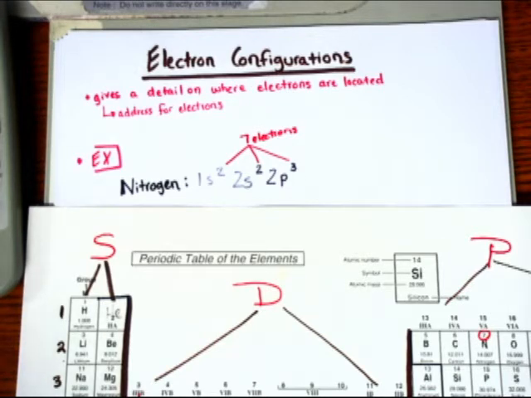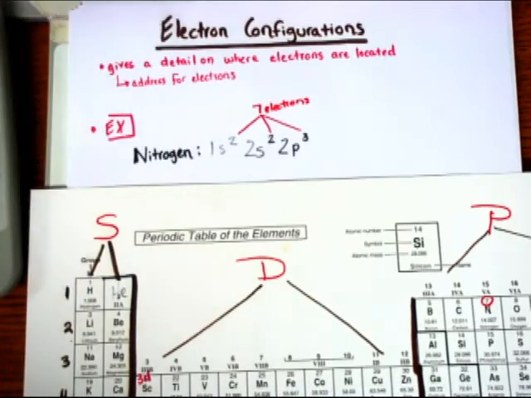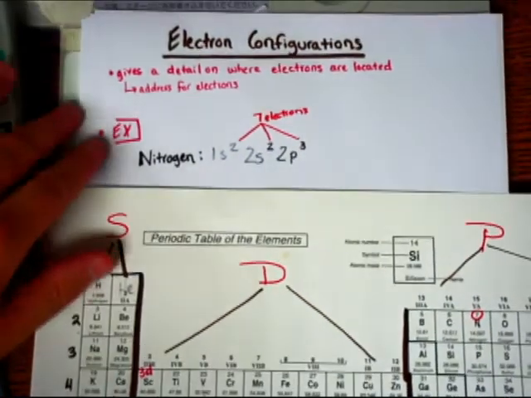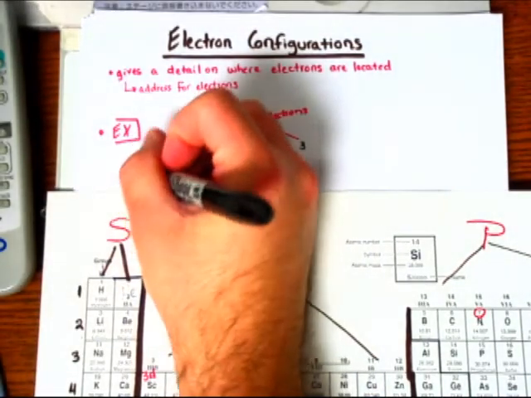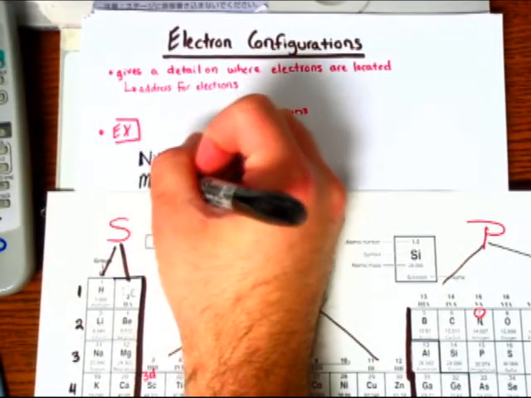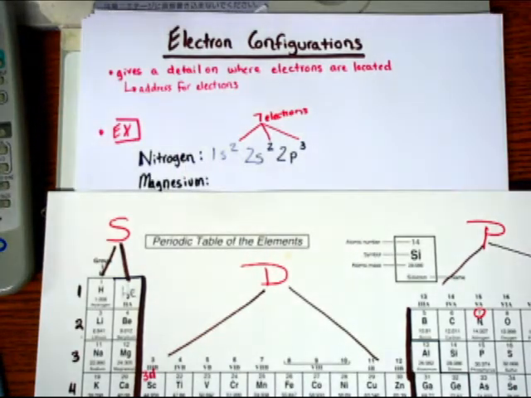Let's look at a different one. Let's look at magnesium as our next example. How many electrons does magnesium, Mg, have? Electrons. 12, right?